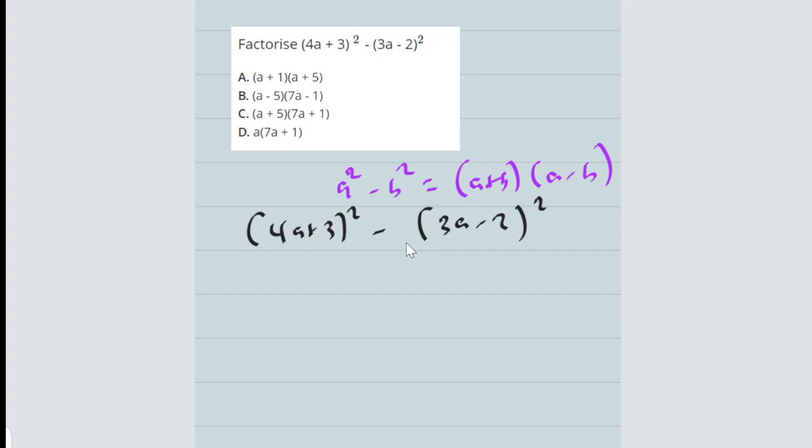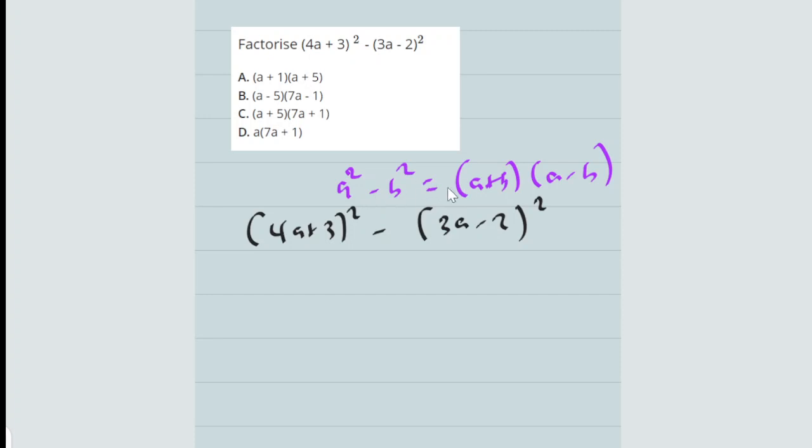But before you can use it, you must ensure that each term has a power of 2, or their powers are multiples of 2. So you can have it as 2, maybe 4, 8, 16 and so on. But this one is 2, so we can apply difference of two squares.